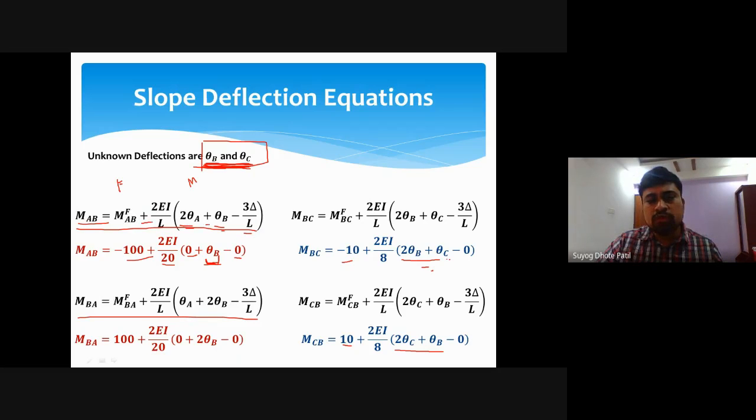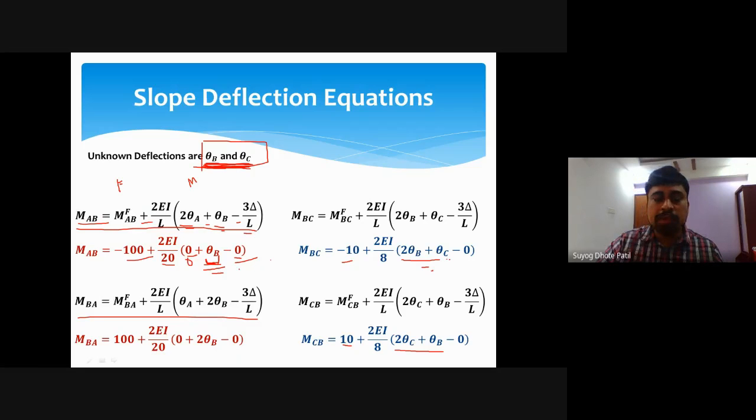This will be positive, this will be positive, this will be negative. For all numericals, the only difference is that depending upon the loading condition and supporting condition, the rotation and displacement values will change.